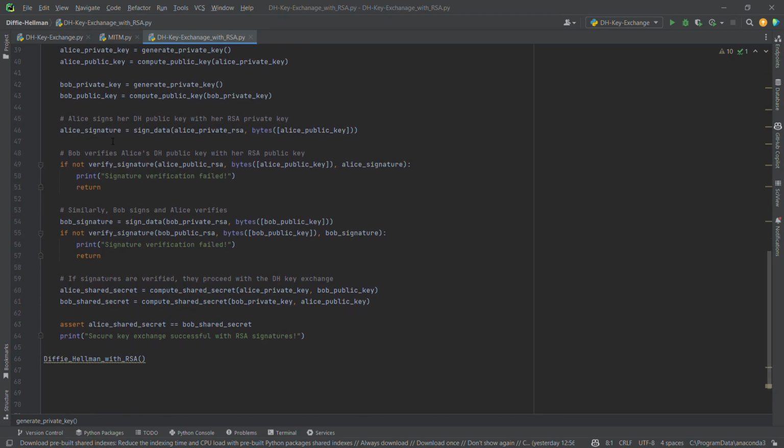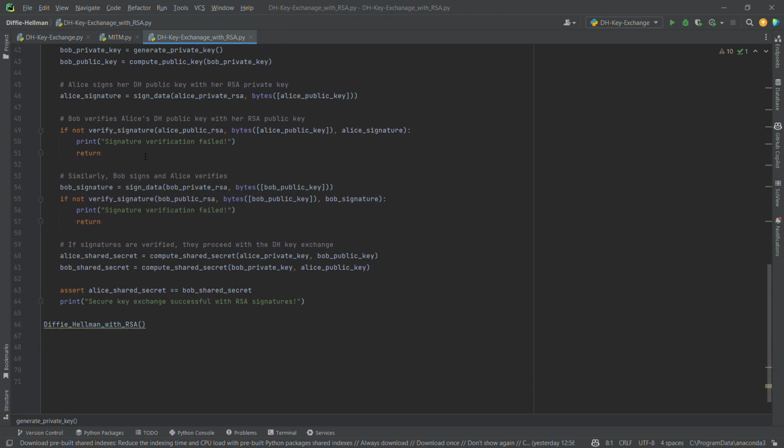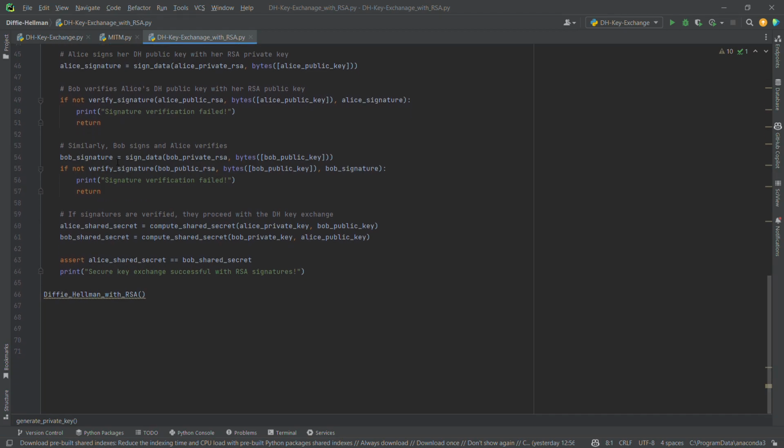And here Alice signs her Diffie-Hellman public key using her RSA private key, and Bob verifies the authenticity of the public key. And likewise, Bob signs his public key, and Alice verifies it.